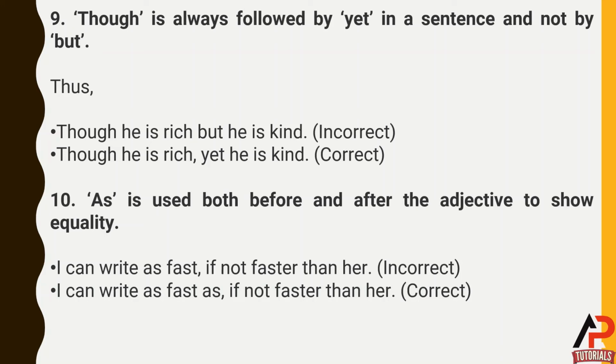So I can write as fast as if not faster than her is the correct answer here, because fast is the adjective here, and we use as before and after the adjective in a sentence. So you should look after these things when you are solving questions of spotting the error.